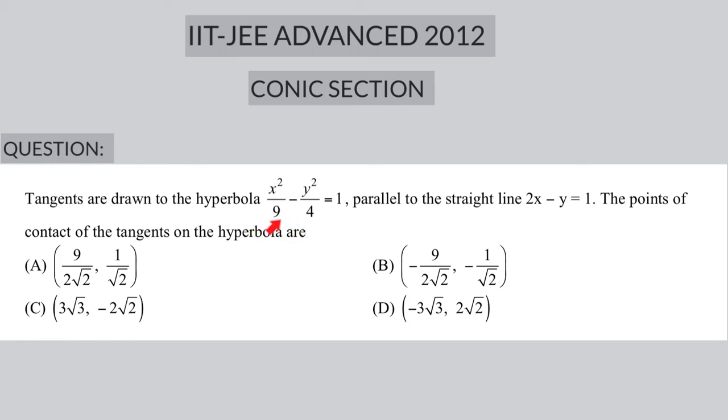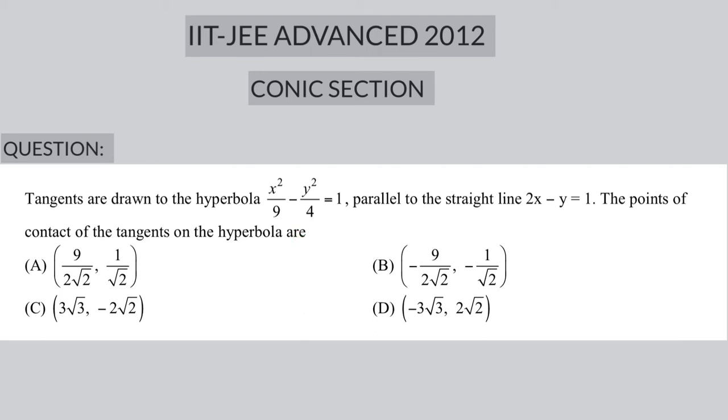And here you should know the equation of the tangent in slope form. We have already found the equation of the tangent in slope form, that is y equals mx plus minus root of a square m square minus b square, and both tangents are the same at the point x1, y1. So we have to compare these two tangents.